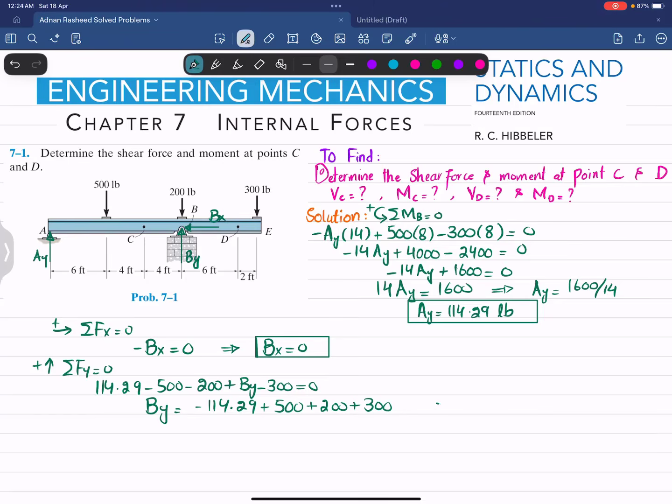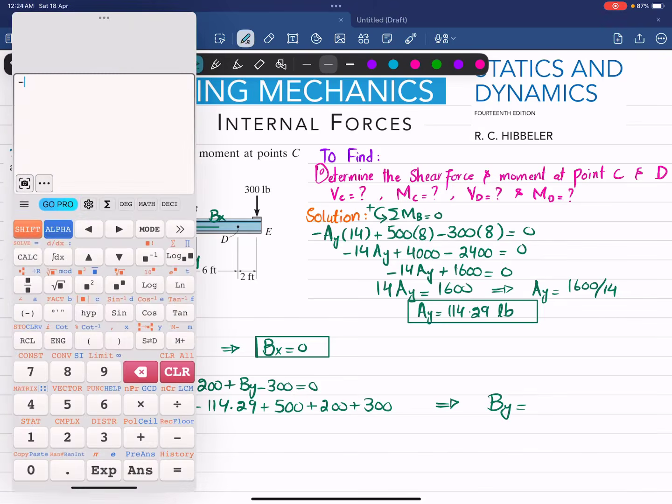Clear? When you calculate this, you get 885.71.